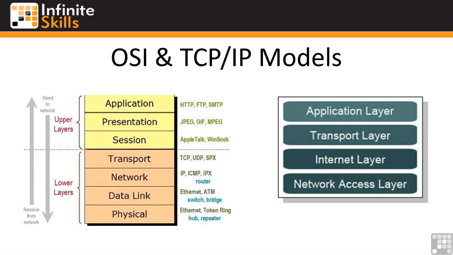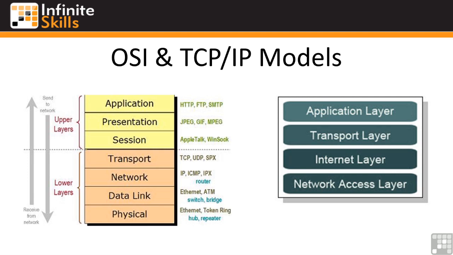Above that is the internet layer, then the transport layer, and finally at the very top, the application layer. In the OSI model, we've got the physical layer, and we've got the data link layer above that. Above that, we've got the network layer, and then transport, session, presentation, and application.